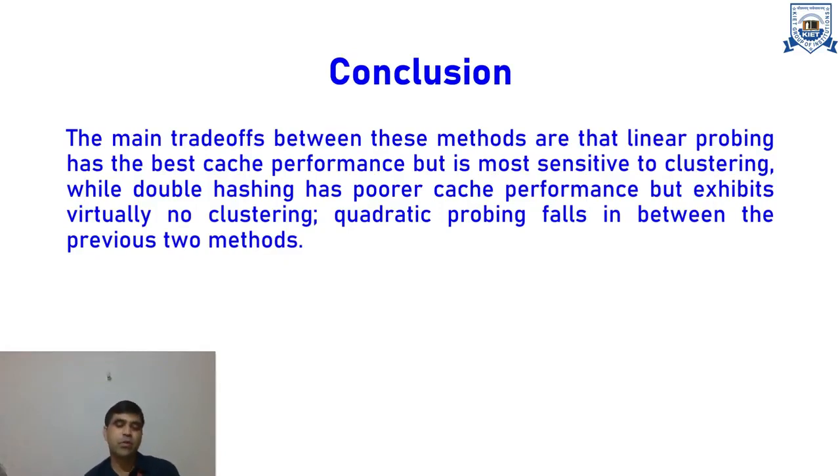While double hashing has poorer cache performance but exhibits virtually no clustering, and quadratic probing falls in between the previous two methods. In quadratic probing there is no primary clustering, and cache performance is somewhat better than double hashing.